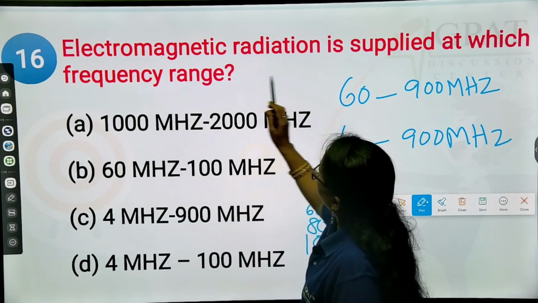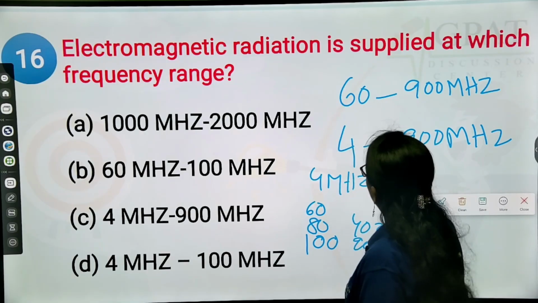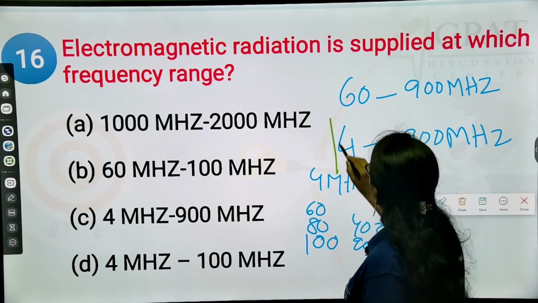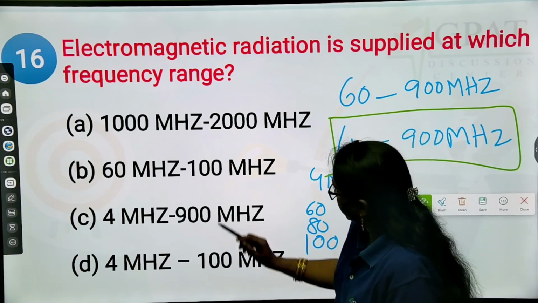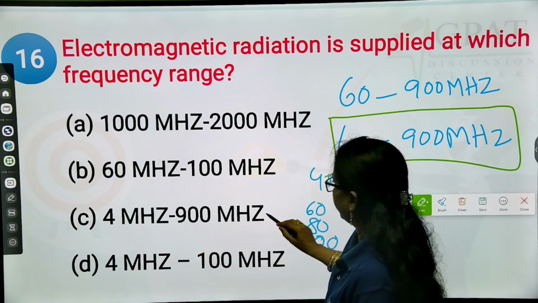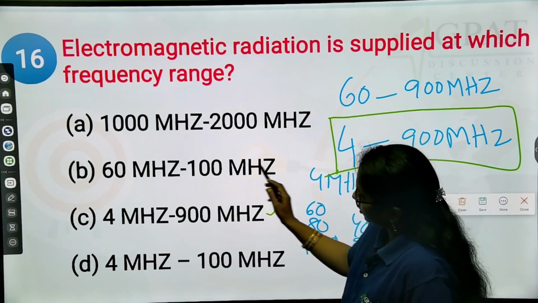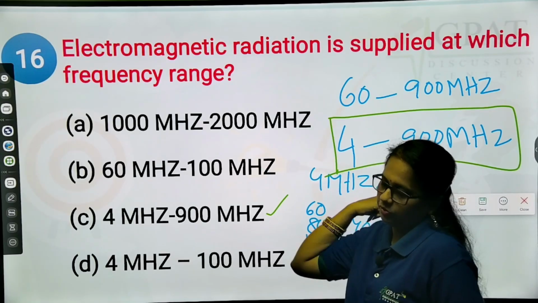So the optimal range for NMR is 4 to 900 megahertz. So here the option is 4 to 900, option C. 4 to 100 is there, 60 to 100 is there, but 1000 to 2000 is nowhere related.